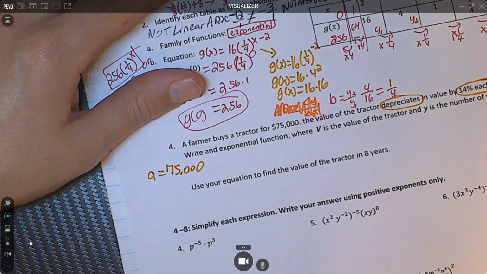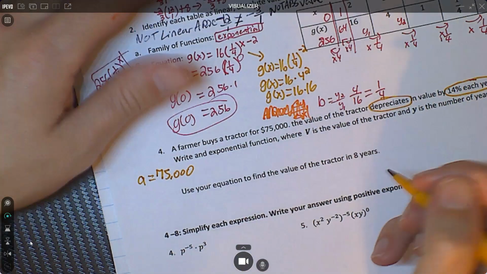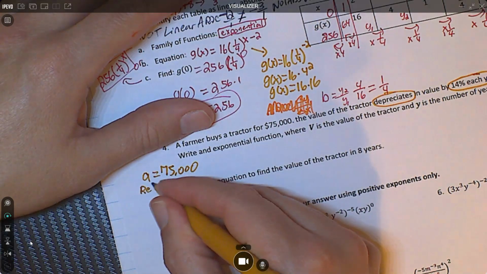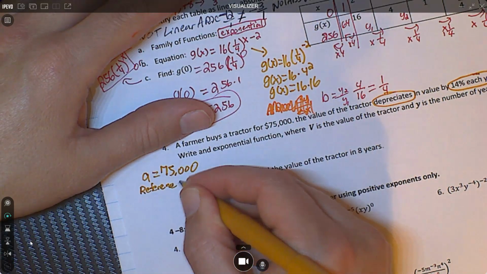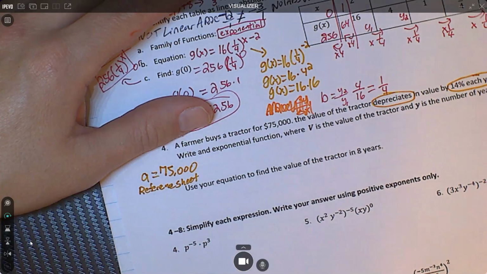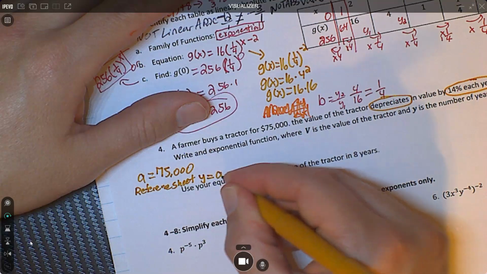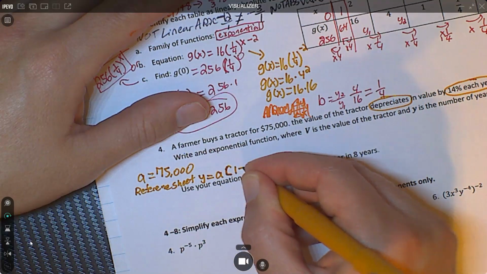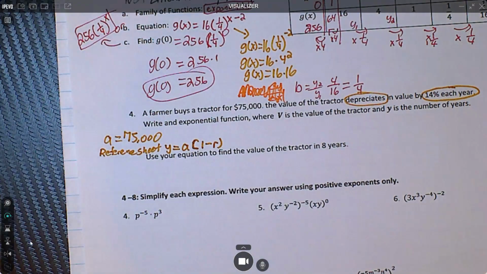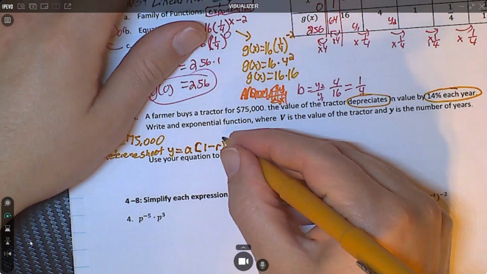So on your reference sheet, the reference sheet says y equals a parentheses 1 minus r, because 100% of the sample has to be taken into account because you're doing minus 14% of that 100%, which was 75,000. And it's always to the t power.